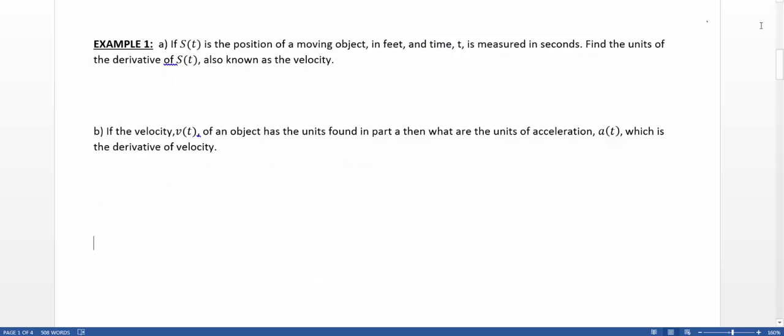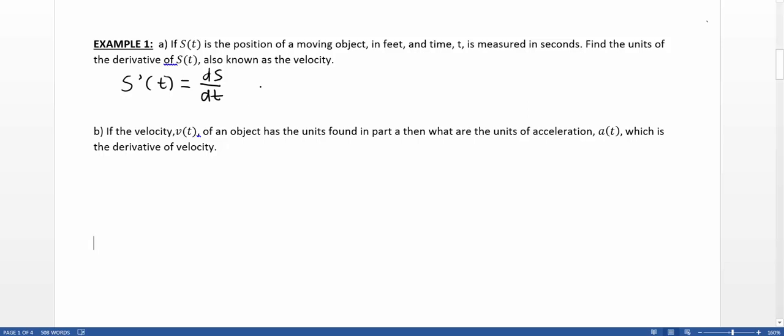Example 1, Part A. If S of t is the position of a moving object in feet and time t is measured in seconds, find the units of the derivative of S of t, also known as the velocity. So remember, there are 2 different ways we know now to write the derivative. We could use Newtonian notation, which would be s prime of t, or we could use Leibniz notation, which is the derivative of the dependent variable with respect to the independent variable.